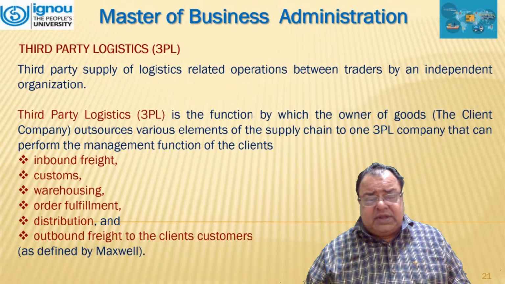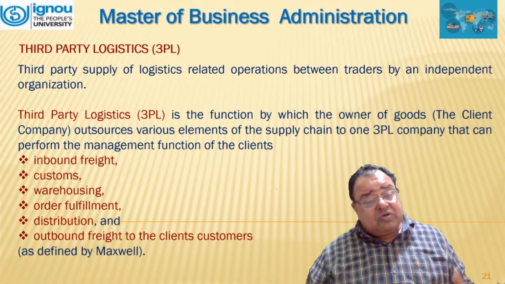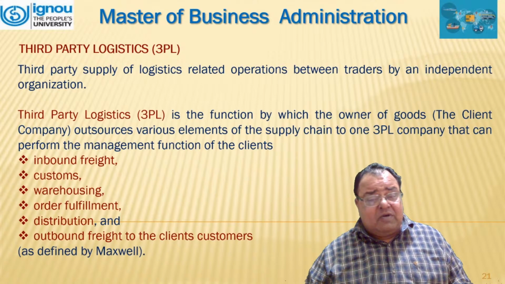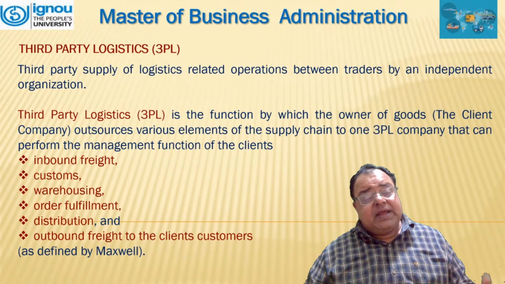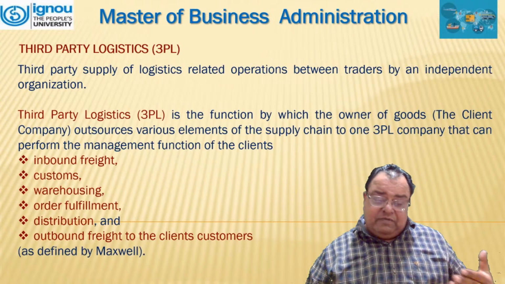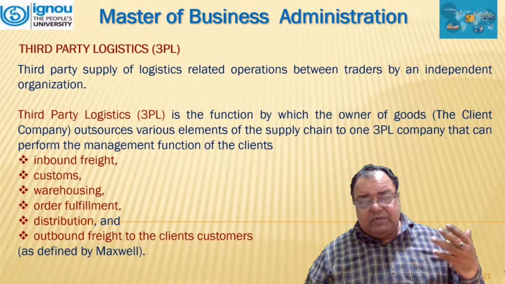Third party logistics is the function by which the owners of goods, that is the client company, outsources various elements of the supply chain to one third party company that can perform the management function of the client, such as inbound freight, customs, warehousing, order fulfillment, distribution, and outbound freight to the client's customers.